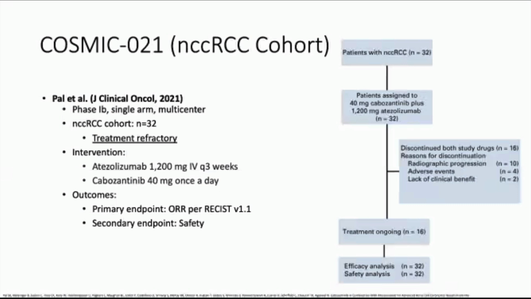So the COSMIC-21 trial was published in 2021, and 32 patients with non-clear cell RCC were enrolled, and all patients had received prior treatment for their metastatic disease, and were treated with the combination of cabozantinib, which is a TKI, and atezolizumab, which is a PD-L1 inhibitor. And their primary endpoint here was objective response rate as per the RECIST criteria.